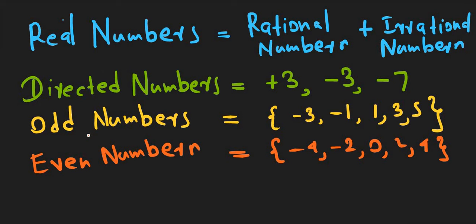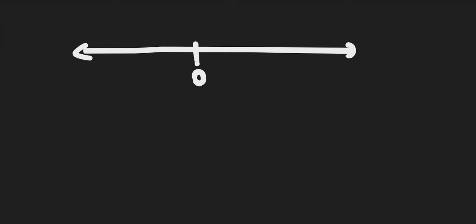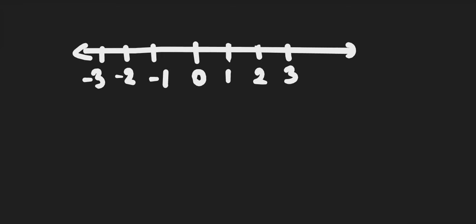Now let's look at the number line and how we can perform basic arithmetic operations on the number line. Here we have our number line. The midpoint is 0. Towards the right hand side I have positive 1, positive 2, positive 3. Towards the left hand side I have minus 1, minus 2 and minus 3. Let's look at a simple operation. Let's say 1 plus 2.